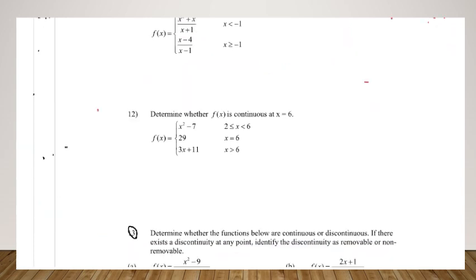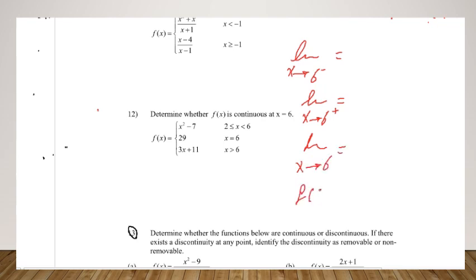So for number 12, I wanted to find the limit of x tends to 6 from the negative side, the limit of x approaches 6 from the positive side, the limit of x tends to 6, and f of 6.